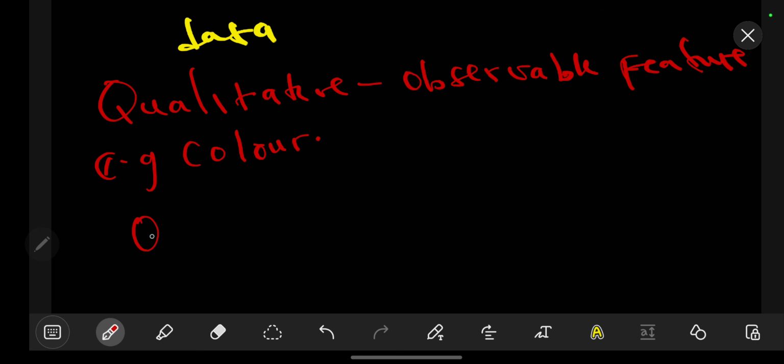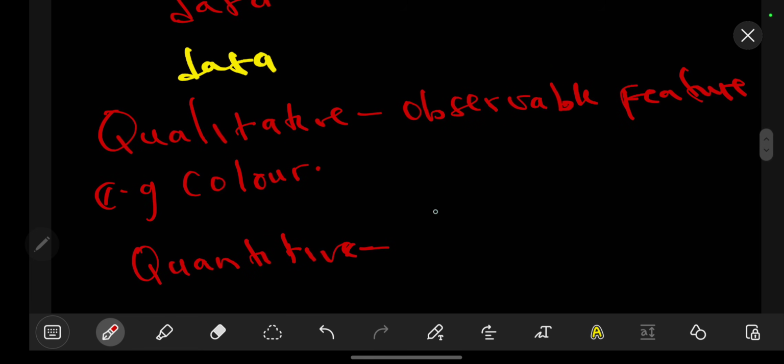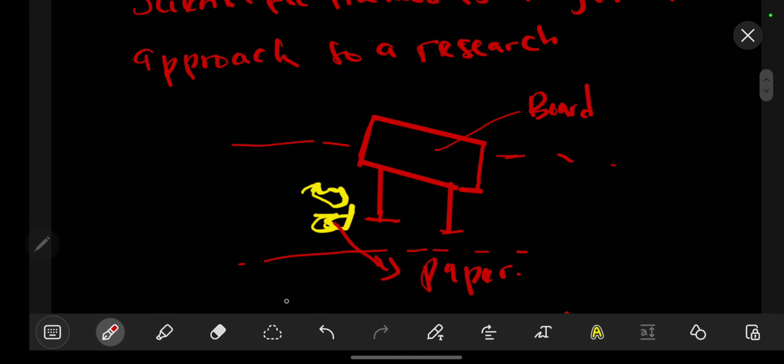Data can also be quantitative. So quantitative simply means to say we are looking at the figures. So when we look at our quantitative, we are looking at figures or values. Like for example, if let's say 5 people write on this board, then there will be 5 papers here.